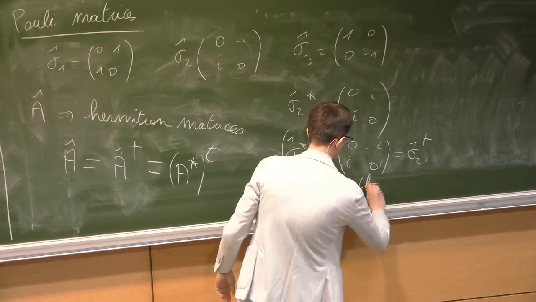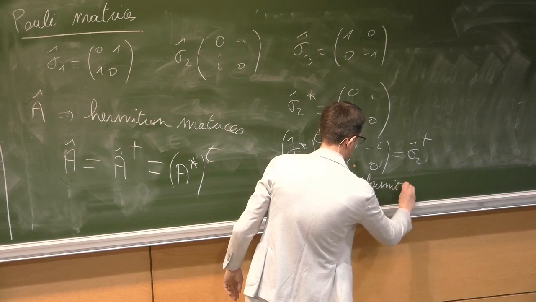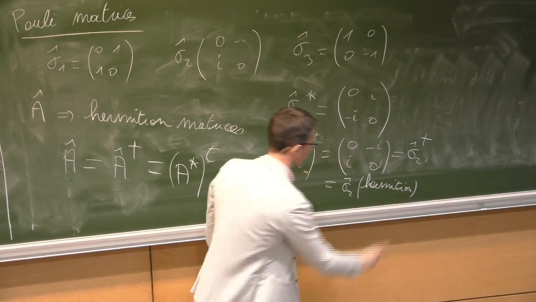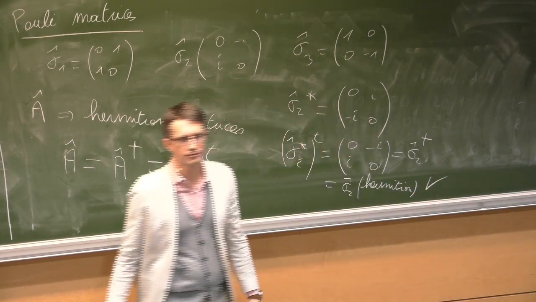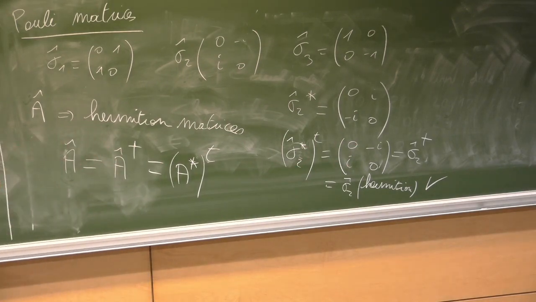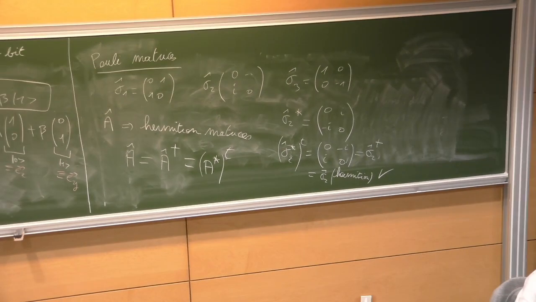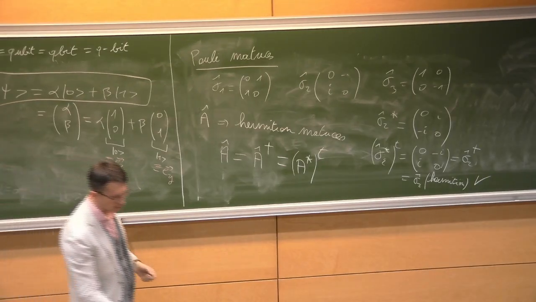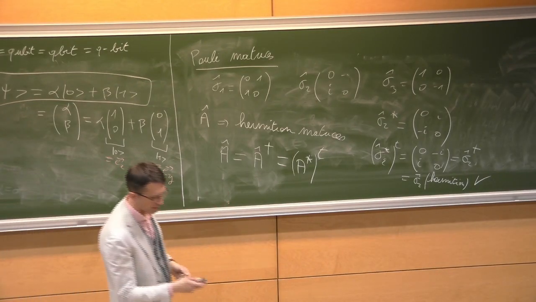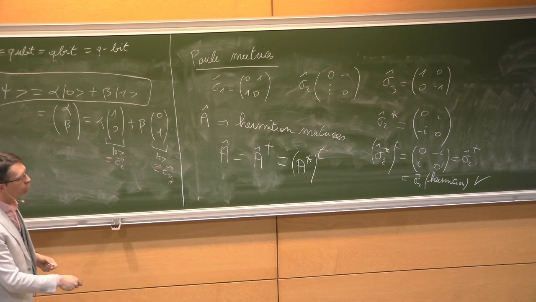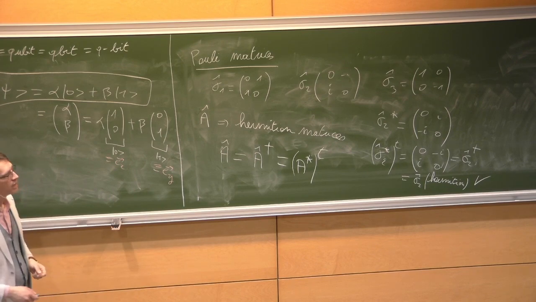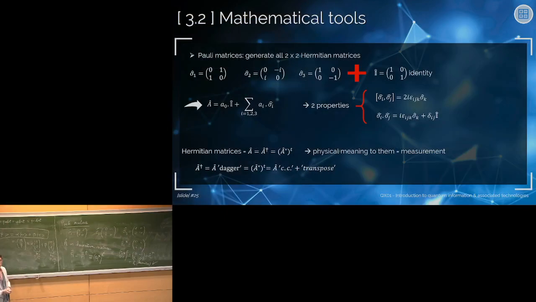So it is Hermitian. Right. So these three Pauli matrices are Hermitian matrices. And the good thing about them is that they can generate any Hermitian matrix A within this 2D space, which is the 2D qubit space.